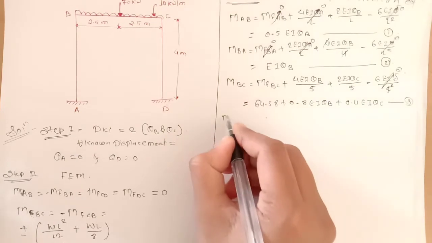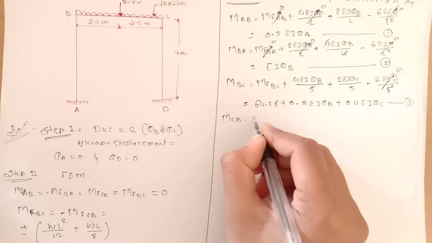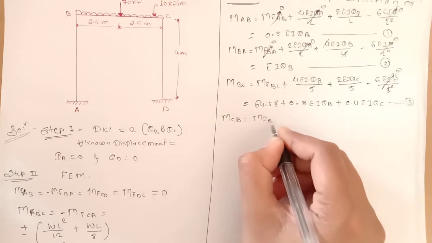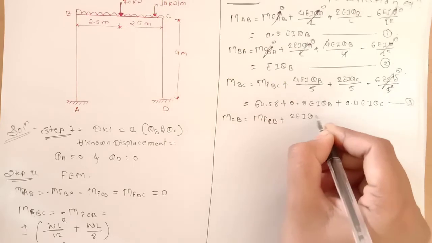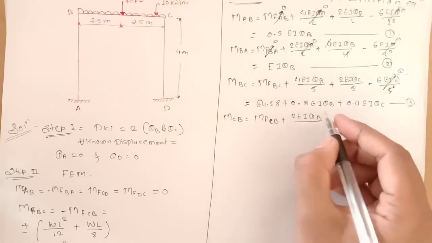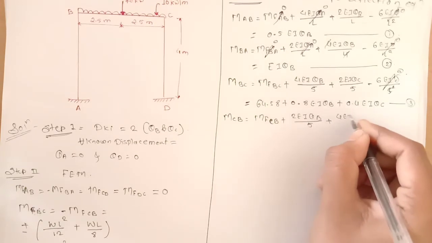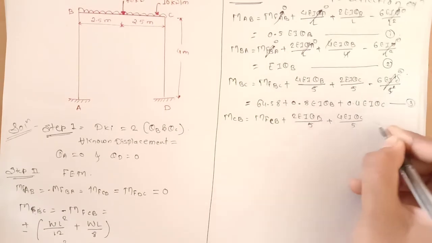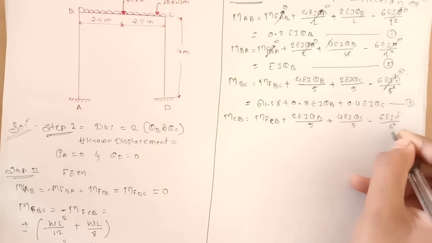Then after that, the slope deflection equation for member CB is equal to, formula is fixed moment for member CB plus 2EI theta B divided by length, which is 5 meter, plus 4EI theta C divided by 5 minus 6EI delta divided by L square, that is 5 square.